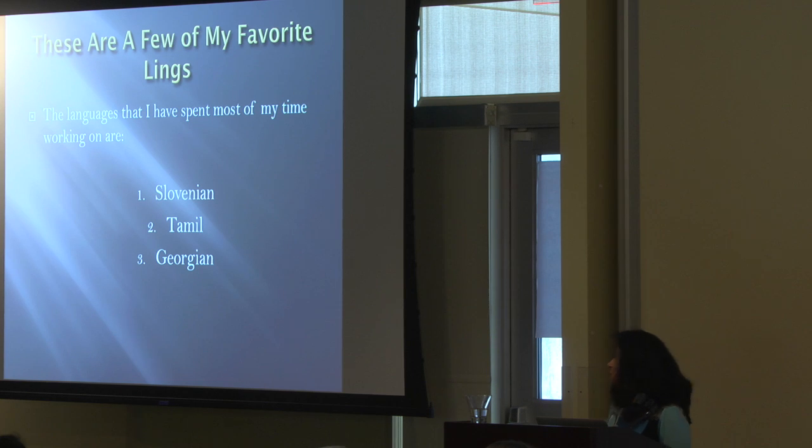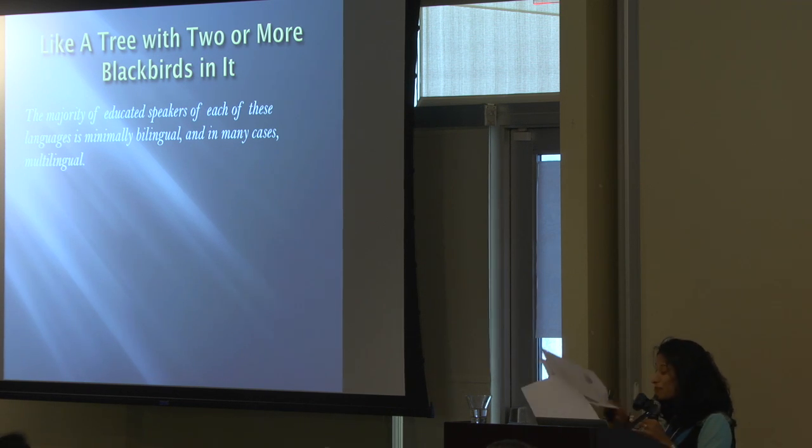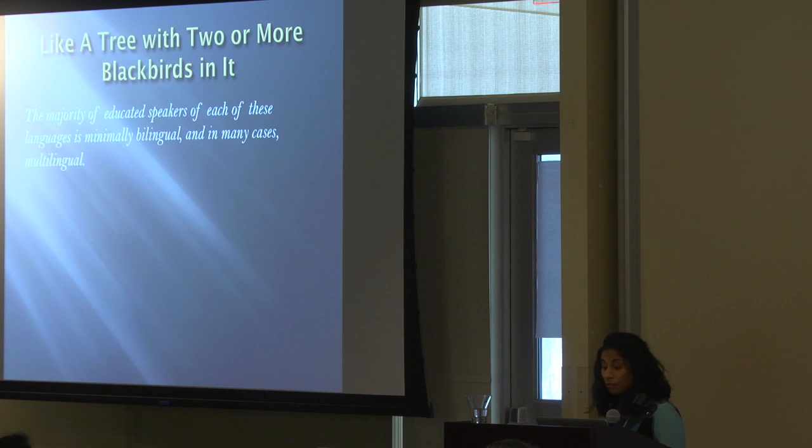That said, these three languages indeed share one really interesting property, which is that the majority of educated speakers of each of these languages is minimally bilingual, and in many cases, in fact, multilingual.